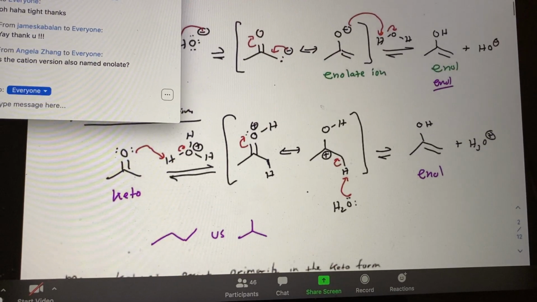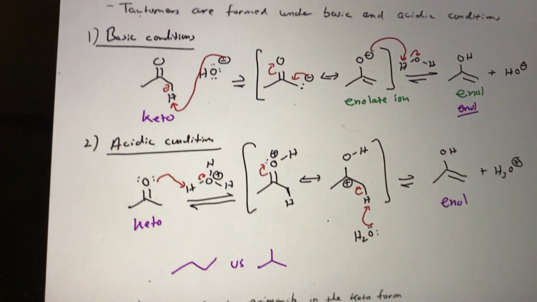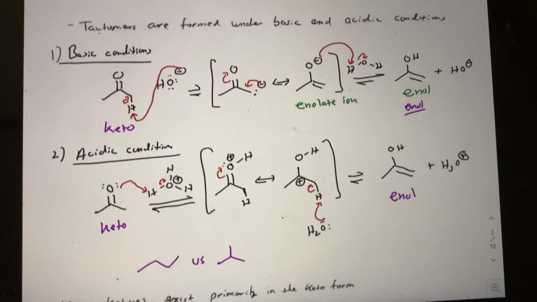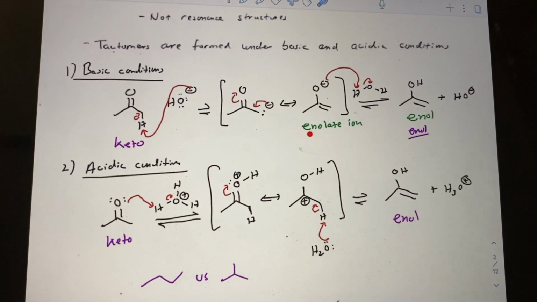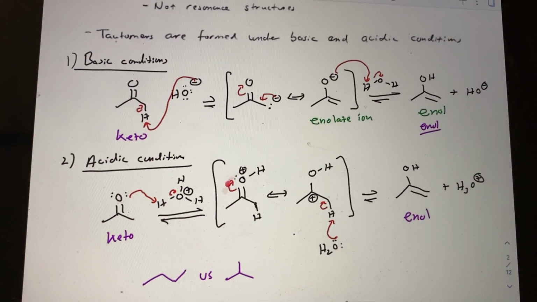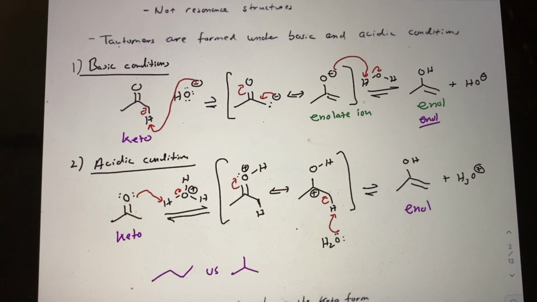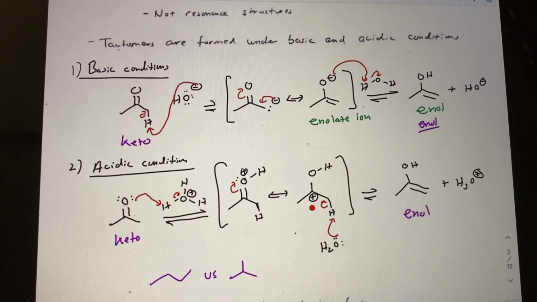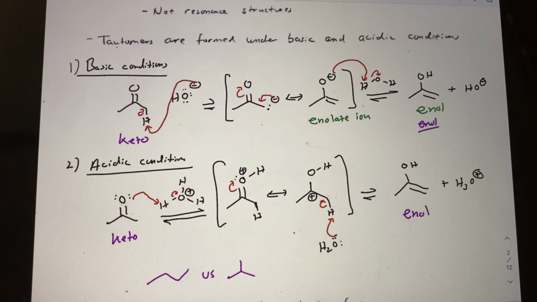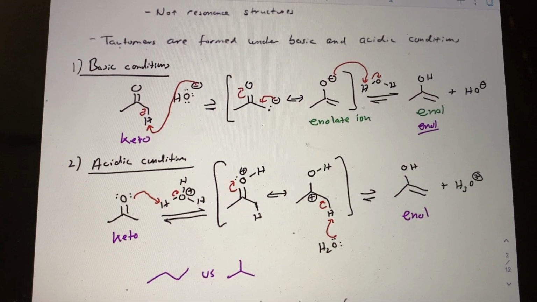So the cation version here, this one, Angela asked, in enolates, the enolate will be the negatively charged species. This one we're not going to really see, this protonated species, because this would actually still be the keto species. So that's a good question, and this is the resonance hybrid of the keto species. So under the acidic conditions, you actually go from the keto form to still something that's keto-like, to then the enol.